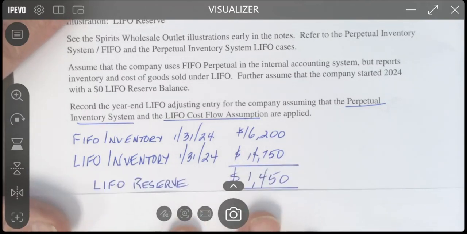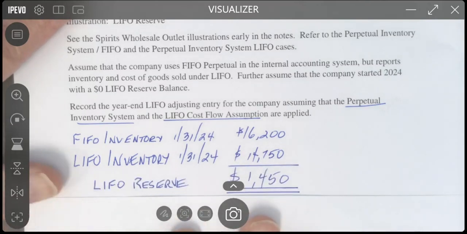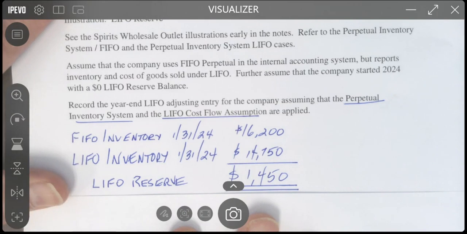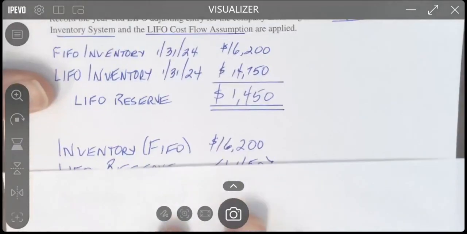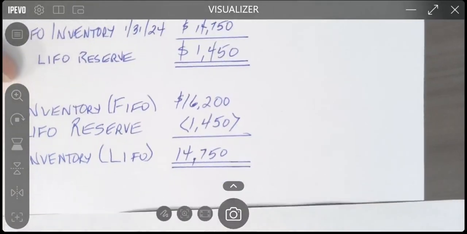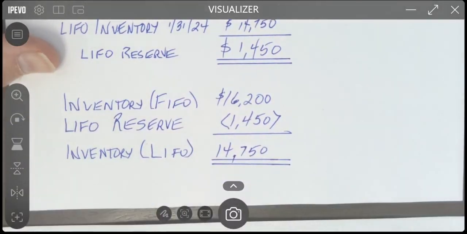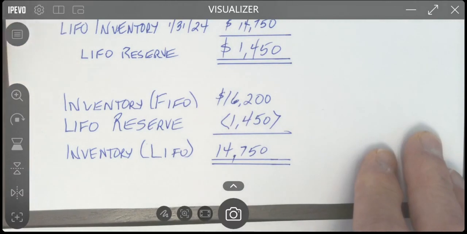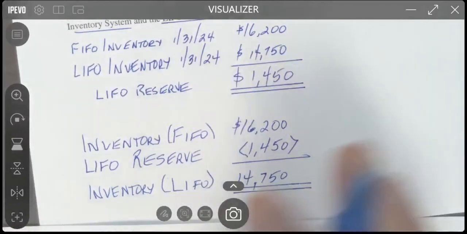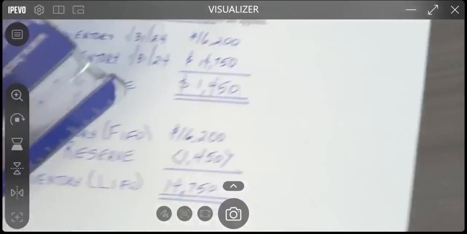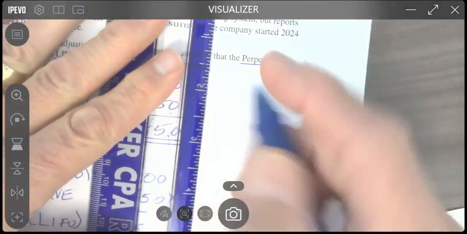So the LIFO reserve is the difference between those two. And this is what it would look like in the financial statements. Let's make the adjusting journal entry to get it there.